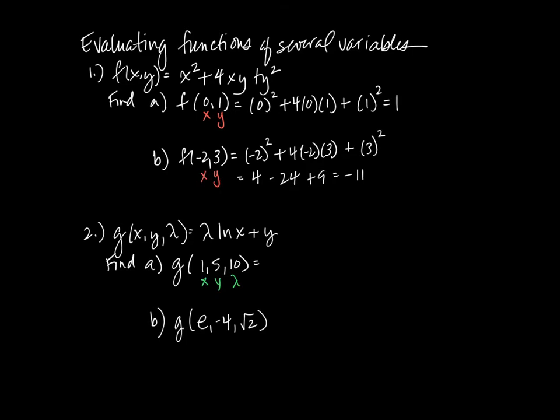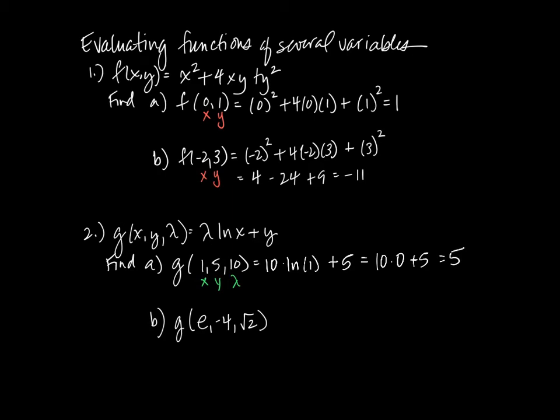So this says lambda ln of x plus y. Which is the lambda number? 10 times ln of x, which is 1, plus the value of y, which is 5. The ln of 1 is 0, so this is 10 times 0 plus 5, which results in 5.